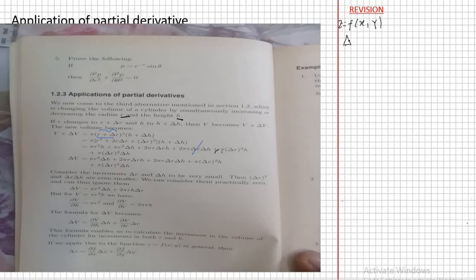So the change of the function z is given by the partial derivative of the function z with respect to the first variable, and then we multiply by the change of the variable x, plus the partial derivative of the same function with respect to the y variable multiplied by the change in y variable.